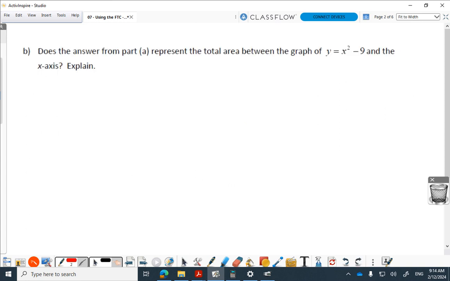B, does the answer from part A represent the total area between the graph of y equals x squared minus 9 and the x-axis? Maybe. Maybe.